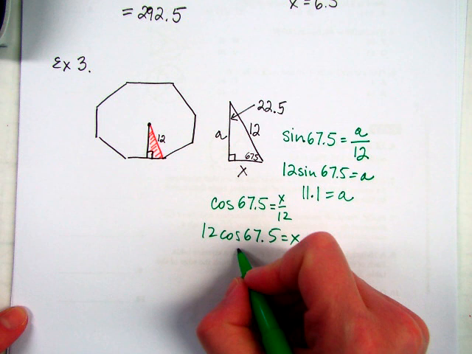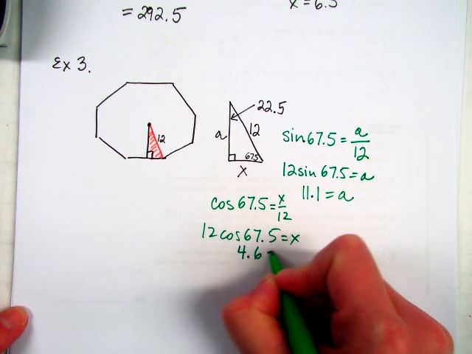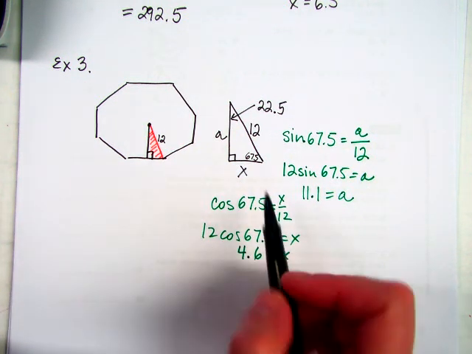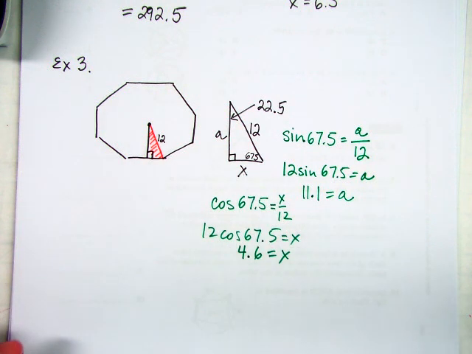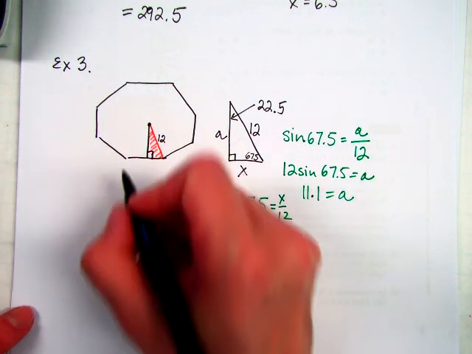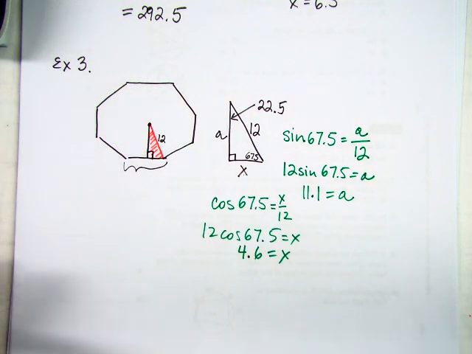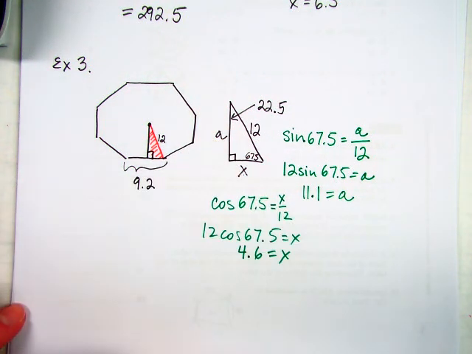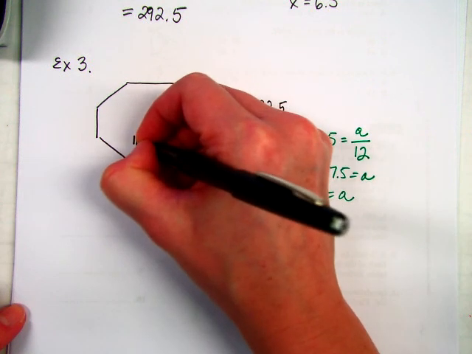I have 4.6. Yes? So if that is only this half, what would be the whole side of the octagon? If I take 4.6 times 2, 9.2 is the side. The apothem we said we're going to go with 11.1.